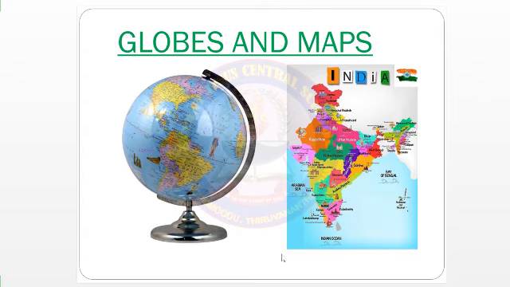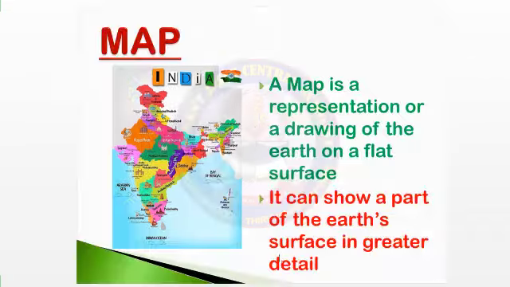If we want detailed information about a particular place, a globe is not useful. So, there we use the help of a map. A map provides a detailed study about a particular place. Let us learn more about maps.